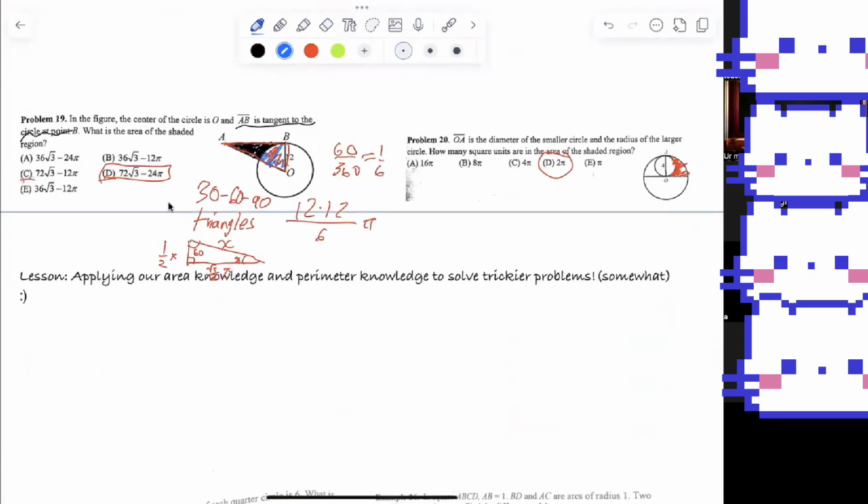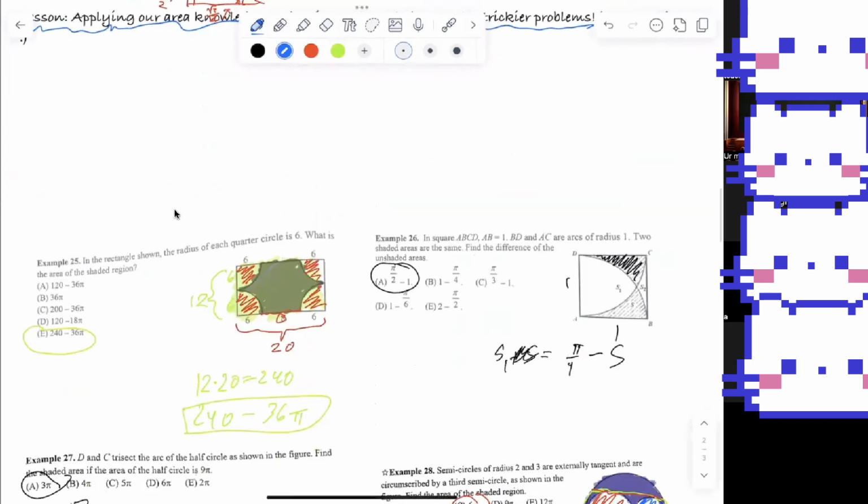Our lesson statement was to use our area knowledge and perimeter problem knowledge to solve trickier problems. So basically, that's what we've been applying: rearrangement, some substitutions, and some smart thinking.